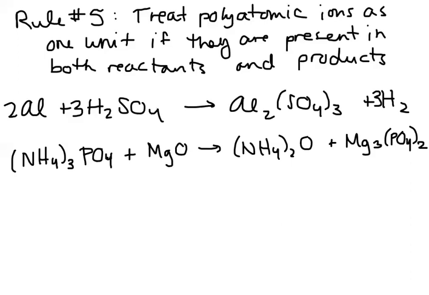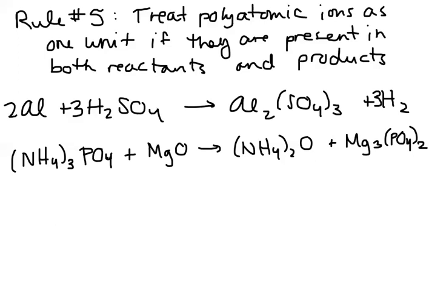What's the first thing you're going to balance? NH4 as 1 unit. What's the second thing you're going to balance? PO4 as 1 unit. What's the third thing you're going to balance? Mg. What's the 4th thing? O. So you're taking cation, anion, since they're all present on both sides, and you're going to balance them.